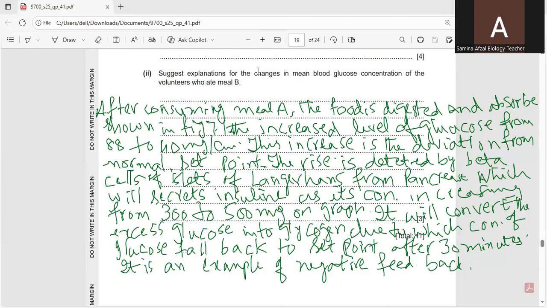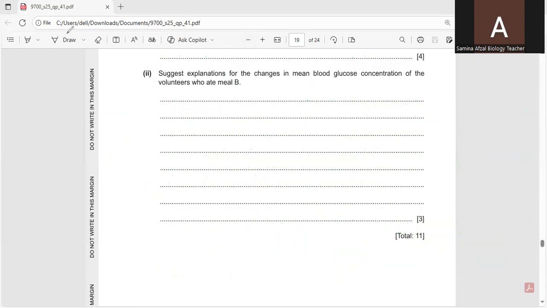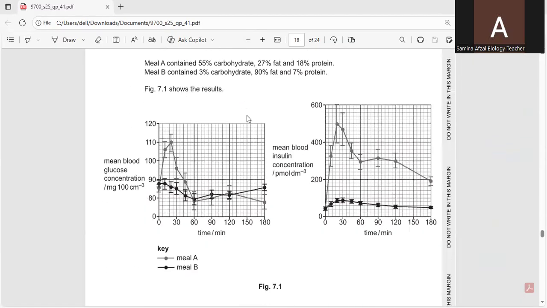Okay, now the last part of this question is: suggest explanations for the changes in mean blood glucose concentration of the volunteers who ate meal B. So we will move back towards the graph and you can see who ate meal B. Meal B consisted of a very small percentage of carbohydrates, only 3% carbohydrates, 90% fat and 7% protein.